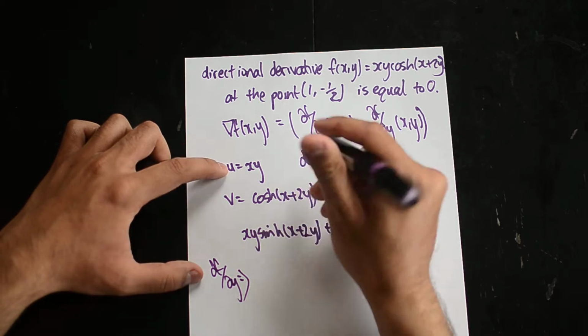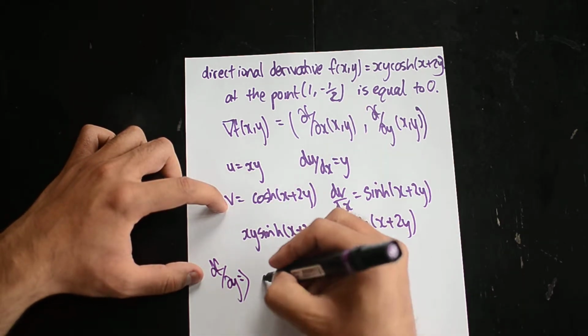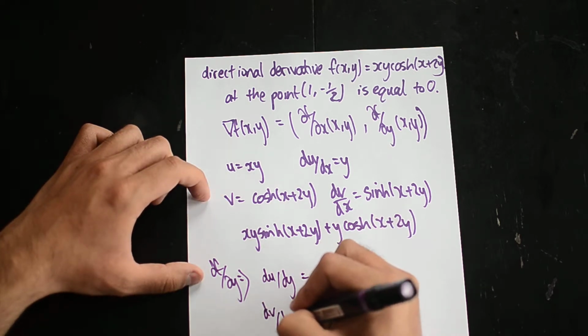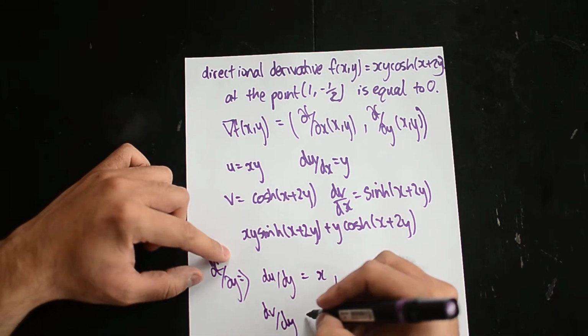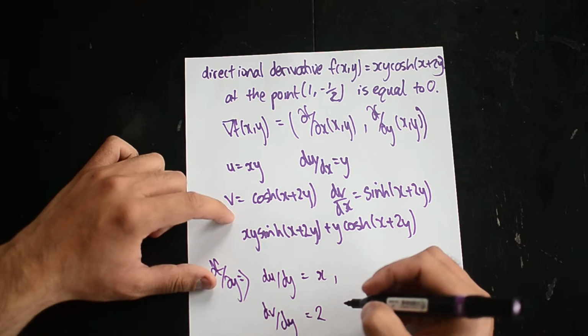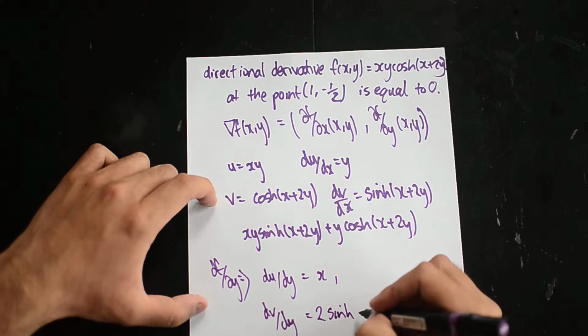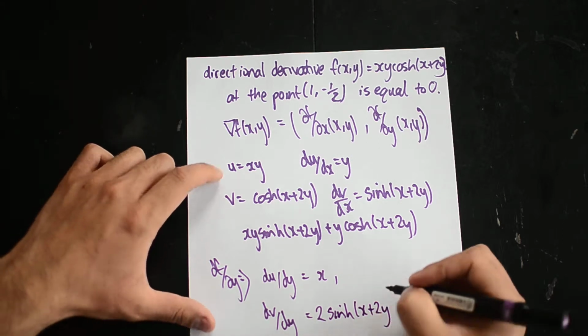And we can do df/dy now. Same as here, u and v. So du/dy will be x, and dv/dy will be 2 sinh(x + 2y).